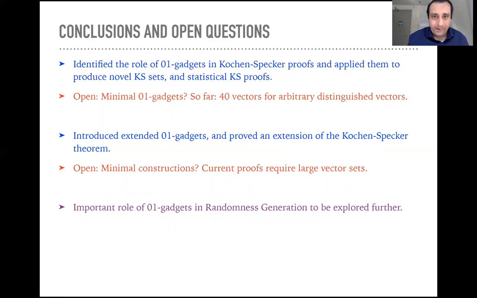And so in many applications to do with contextuality, or even in foundational results to do with contextuality, it may be worthwhile to restrict ourselves to zero-one gadgets, okay? And to try to find minimal constructions of zero-one gadgets, and to find minimal proofs of the extension of the Kochen-Specker theorem, and to identify the role of zero-one gadgets in randomness generation, certified randomness amplification, and so on. And in particular, to use these to provide simpler proofs of randomness generation protocols.